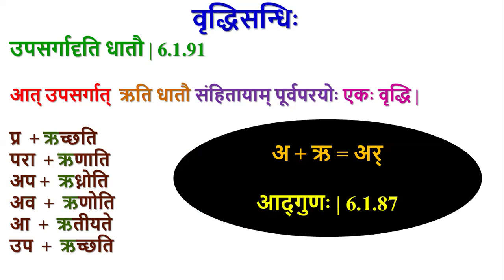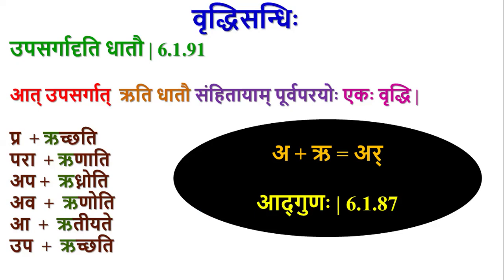At this stage, we know a plus ru by ad gunah should be ar. But this sutra upasargad ruti dhatau comes as an exception to ad gunah. Otherwise, pra plus ruchati should become prachati.